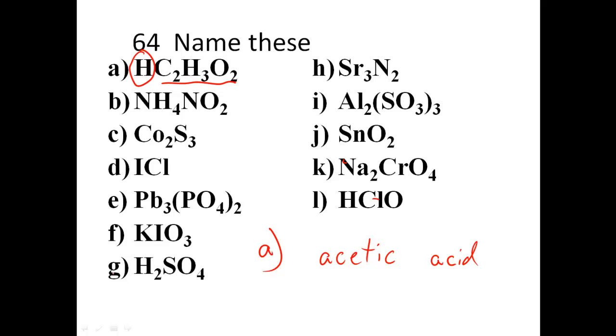If we move down here to G, we have another acid containing oxygen. Now this anion is sulfate. That's the ATE ending. So that means we just change the ending to IC. So this is, and it's actually sulfuric acid.